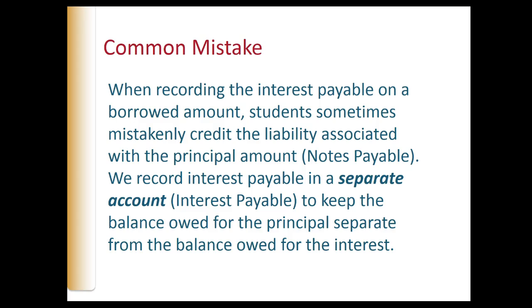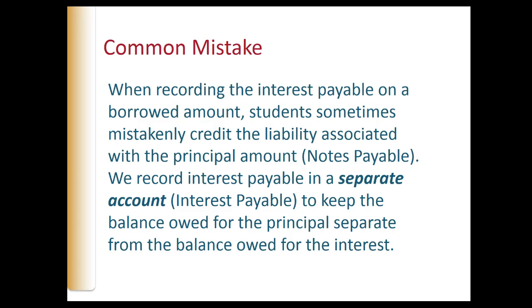This is a common error, so remember, when you record interest payable on a loan, students sometimes think to take the credit, instead of interest payable, and make the credit a notes payable. But that's incorrect.